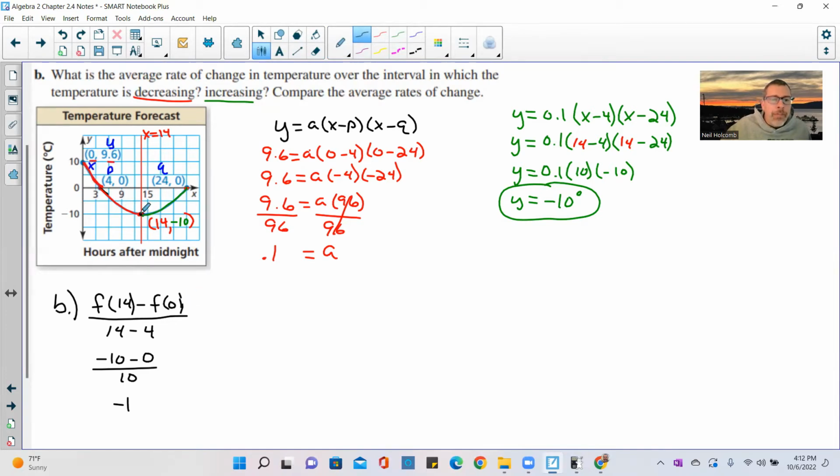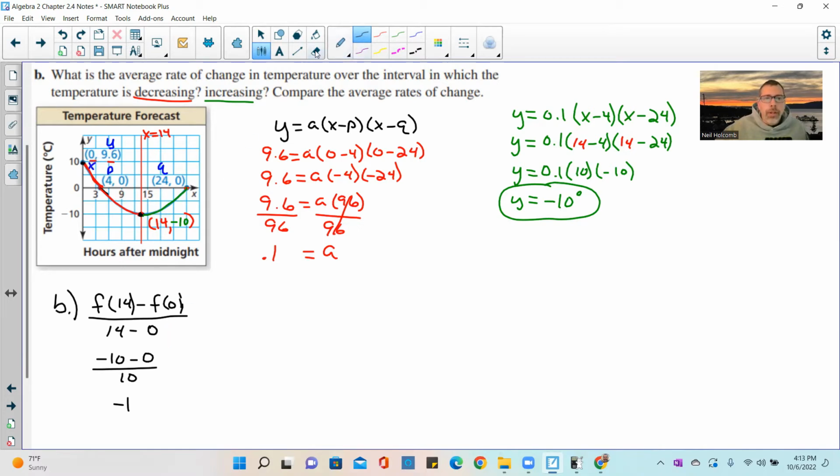Okay, let me recap that. f of 14, x is 14, minus f of 0 right here. Actually, it is 14 minus 0. So f of 14 minus f of 0 over 14 minus 0.